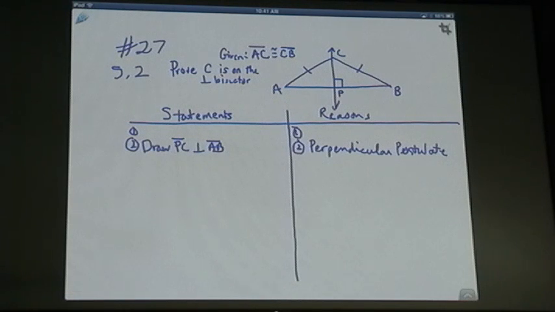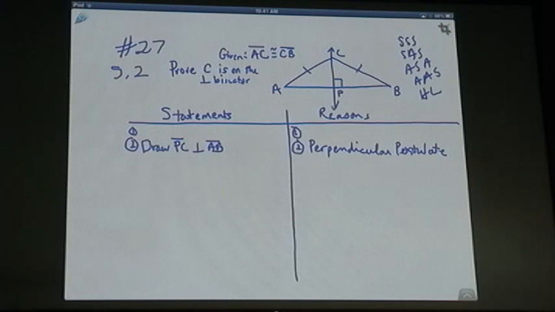So what are the ways that we can prove that two triangles are congruent? We've got side-side-side, side-angle-side, angle-side-angle, angle-angle-side, and hypotenuse leg. Which one of those is a good opportunity to use here? First of all, these are right triangles, so it could be hypotenuse leg. Let's check it.